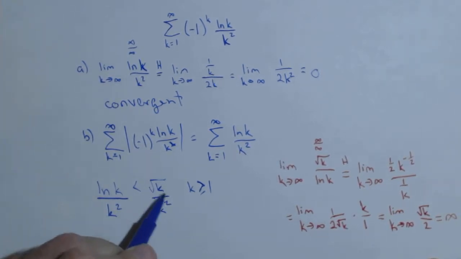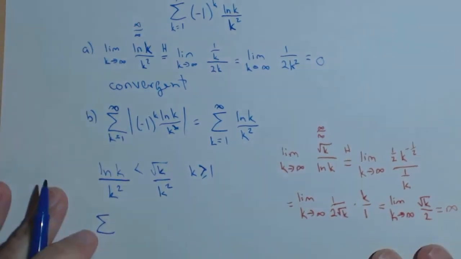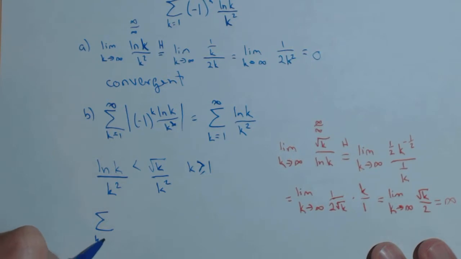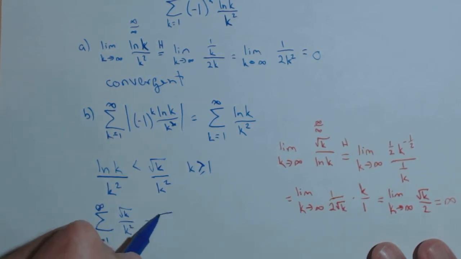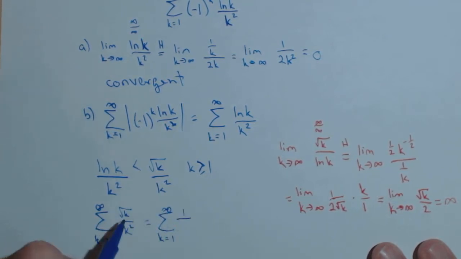Well, let's think about what that series is. We have the series from k equals 1 to infinity of square root of k over k squared. That simplifies to the sum from k equals 1 to infinity of 1 over k to the 3/2.